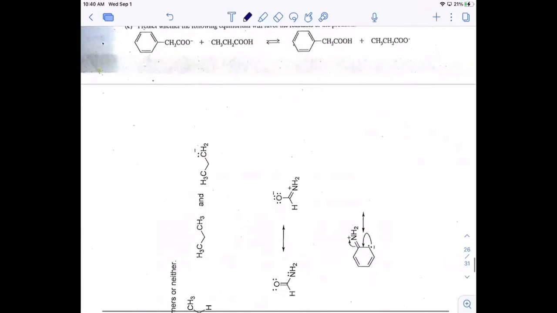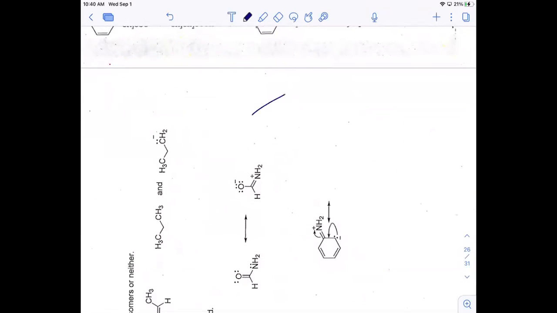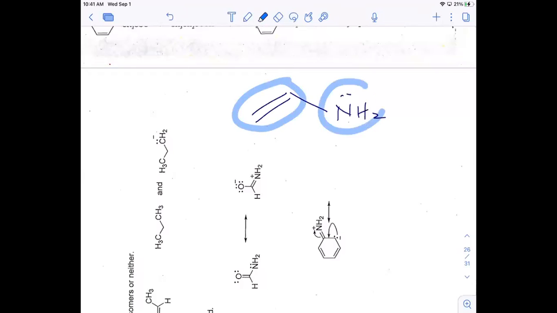So if I have a system like this, let's say this is an NH2, right? This is the pi bond. This is the donor, and let me write the carbons in here, CH2. All right, that's 1, 2, 3 atoms.